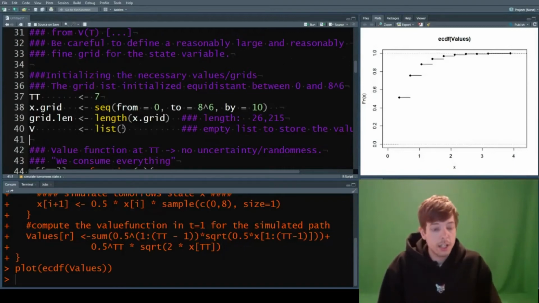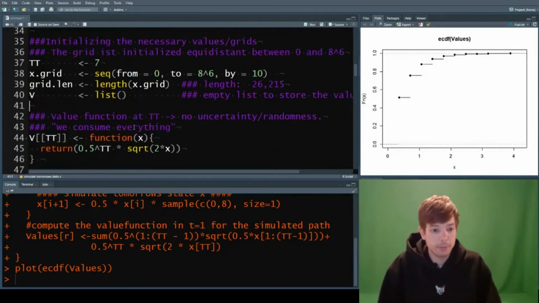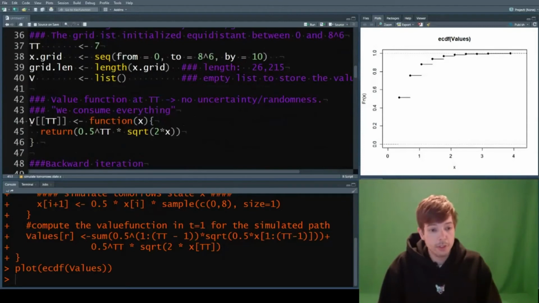Then we can create a list for our value functions, an empty list just with the list command. And because we already know what to do in the final period, we of course know what the value function of the final period is. So we can compute the value function at capital T. In the 7th period, it's just a function, and what it returns is 0.5 to the power of T times the square root of 2 times x, so 2 times our state.